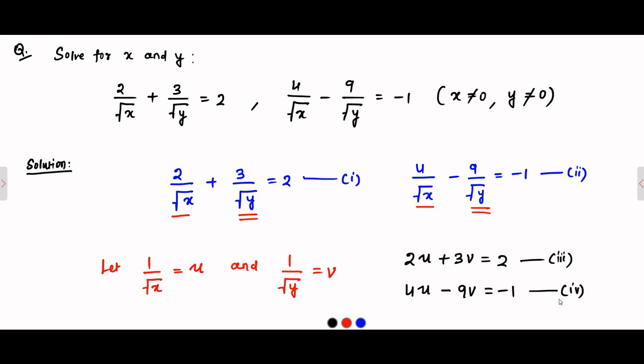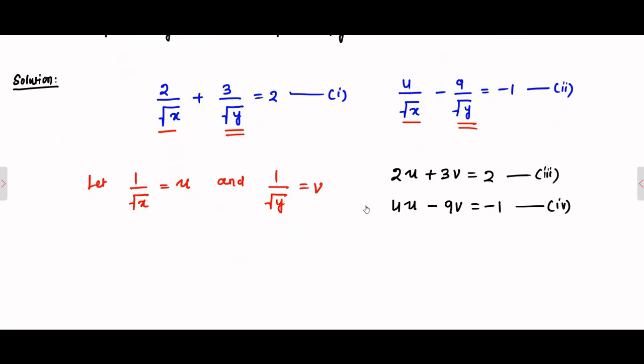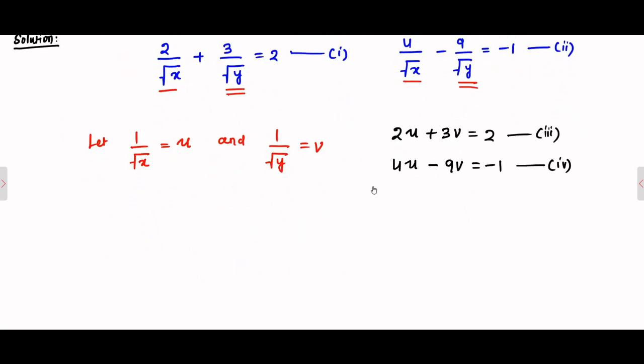Equation 4. Okay. So from this we have got the equations in their standard format, which we have been solving. So that makes it easy. Now our objective is to calculate the values of u and v.